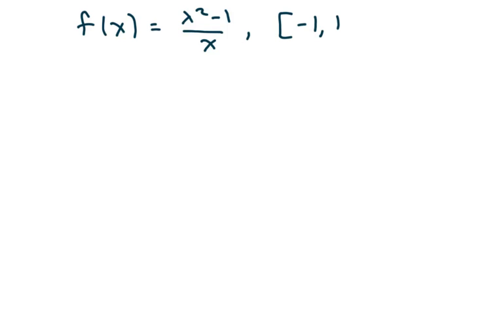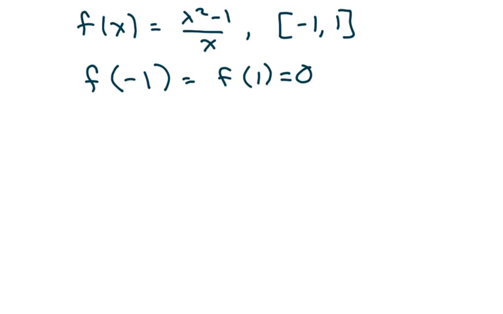Okay, the next problem we have is this one, and it's x squared over x, on our closed interval [-1, 1]. Well, you can go ahead and plug this in. So f of -1 equals f of 1 equals 0.